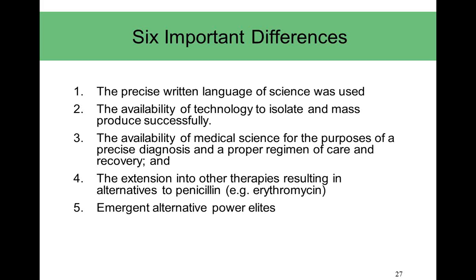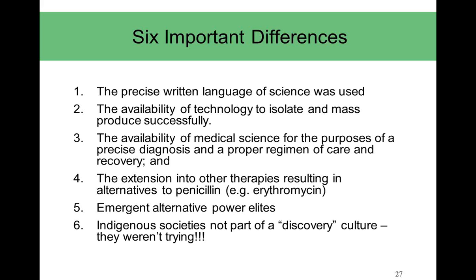Fifth, emergent alternative power elites. Very, very important. You don't have those same power elites in indigenous cultures. You have power elites, but it had nothing to do, or relatively little to do, with the treatment of wounded animals, for example. And finally, indigenous societies were not part of a discovery culture. They weren't trying.